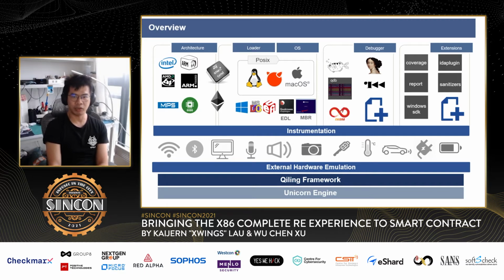Then you start to have all the different architectures, like Intel x86, x64, x86-64, 32-bit Intel, all the ARM processor series, and then you have the 8086. We have even emulated MS-DOS, MIPS, Linux, macOS, like what I mentioned just now, EDL, UEFI, and then we built all kinds of debuggers that can connect to Qiling, and all the different kinds of extensions.